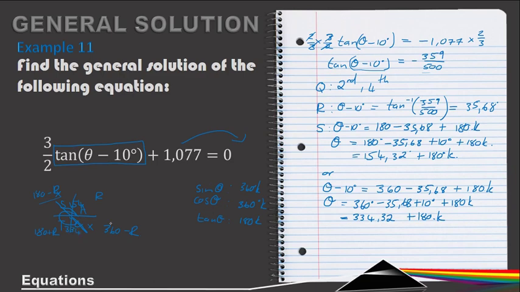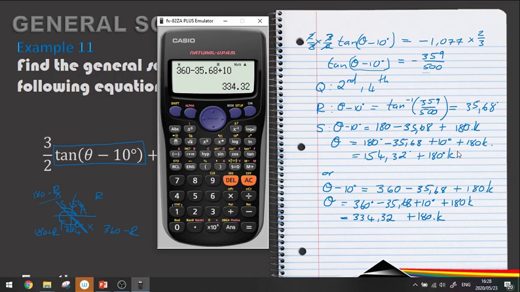So let's just make sure that this general solution doesn't also include the other general solution. So if I replace my k with 1, because that k is a variable that can be replaced with 1, 2, 0, minus 1, minus 2, what happens?